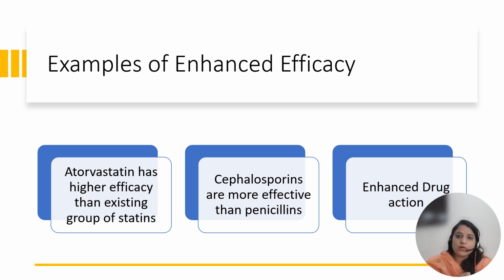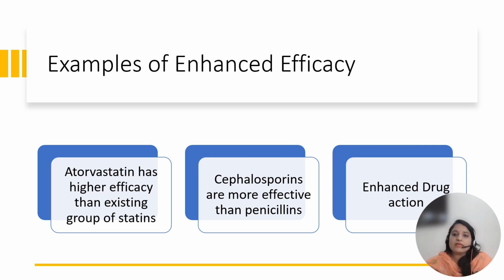So it showed much better beneficial properties as against the existing statin drugs. Atorvastatin would certainly be considered as possessing enhanced efficacy because it is showing the treatment in a much better format. It is giving a better outcome to a patient.